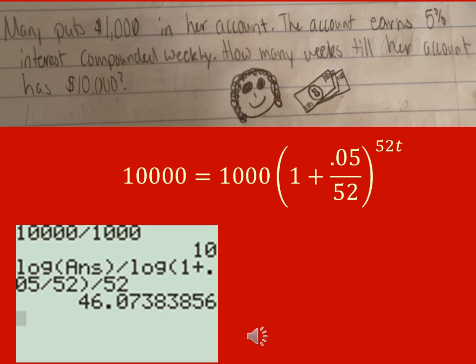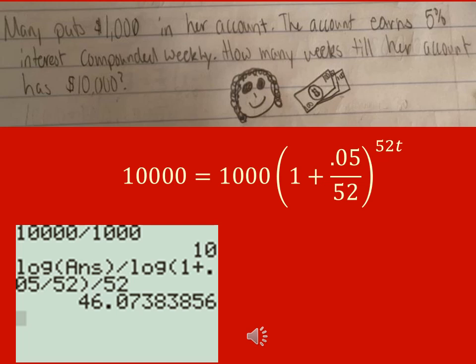And I started by dividing 10,000 divided by 1,000. We take the log of that, divided by the log of the parentheses, and the last step is always divide by 52. Now what this is telling me is that it's going to be like 46 years roughly for that.